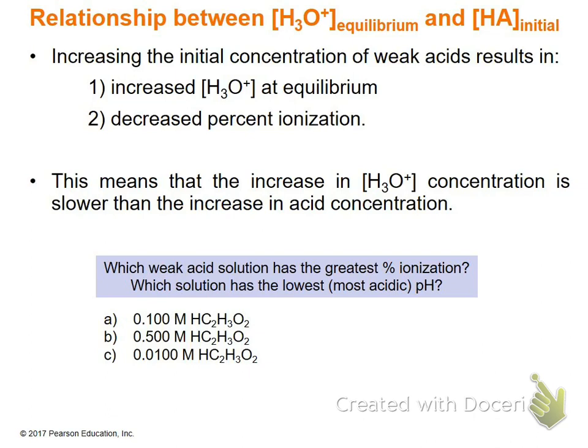So in terms of percent ionization, we would have to pick the one with the lowest concentration, because that will generate the highest percent ionization. Okay. So for the first question, the answer will be C, lowest concentration. And the one with the lowest pH would be the one with the greatest initial concentration, which is B.